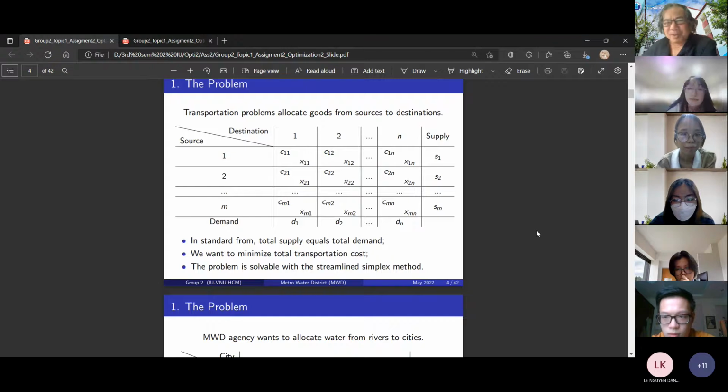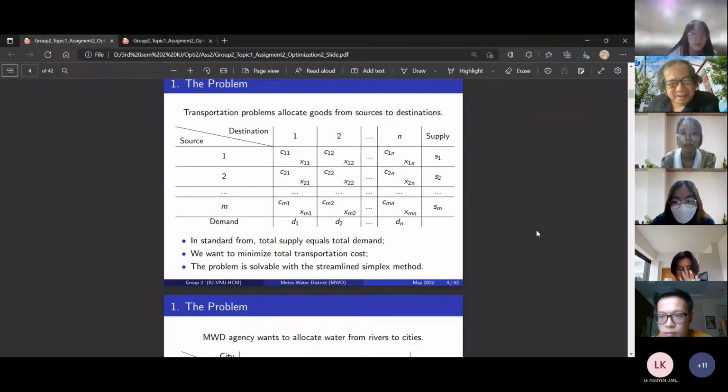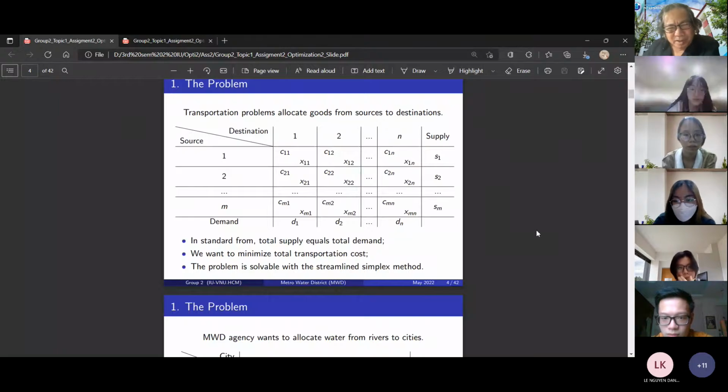In the midterm test, there's somebody who wrote it this way. Sorry, this is not the standard form. What we call standard form is we should move the supply to the first column, and the demand to the first row. In the midterm test, somebody wrote it this way for question 1.